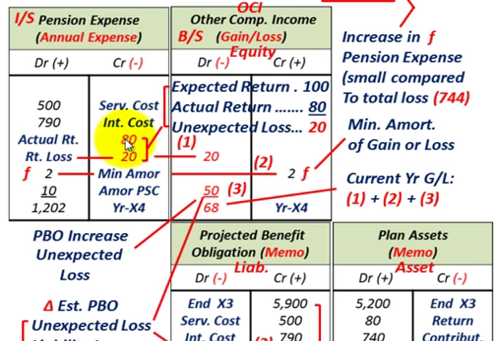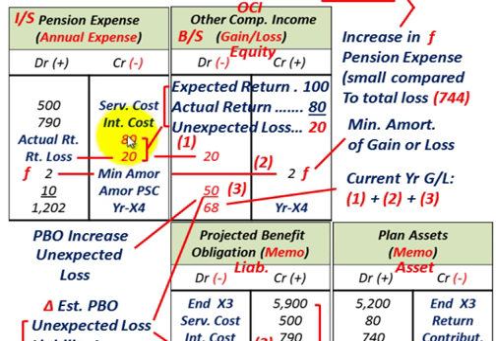But then whatever that is, if you had a gain here, then you would debit. Say, for example, we had the expected return of $100,000, but we had a gain here. Just say then we would be debiting it for the $20,000 gain here. But in this case, we have our expected return here of $100,000.